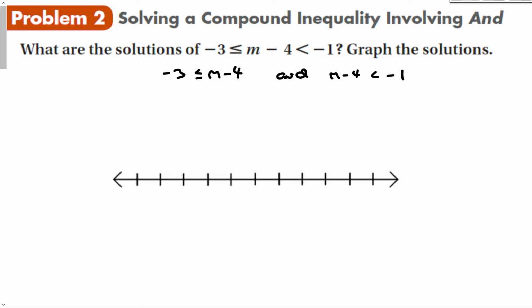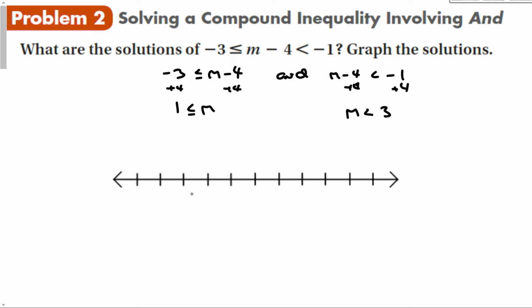Okay, so I could add 4 to both sides there to give me 1 is less than or equal to m. Add 4 to both sides here to get m is less than 3. So my answer is in between 1 and 3.